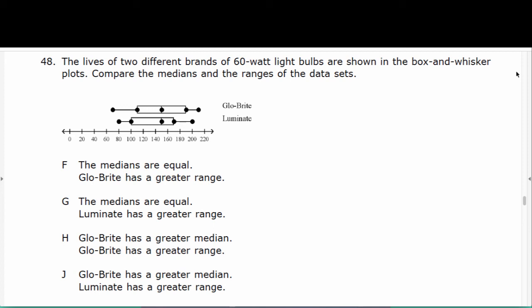F. The medians are equal. Glow-Brite has a greater range. G. The medians are equal. Luminate has a greater range. H. Glow-Brite has a greater median. Glow-Brite has a greater range. J. Glow-Brite has a greater median. Luminate has a greater range.